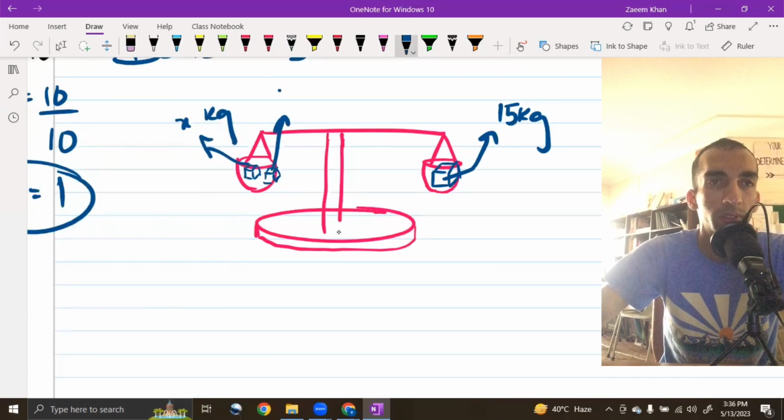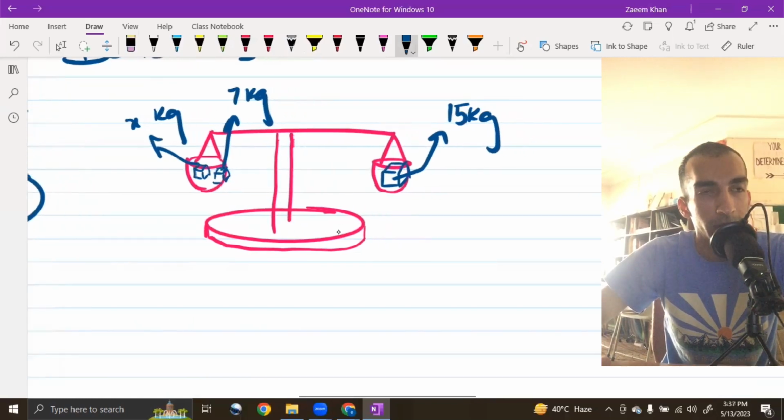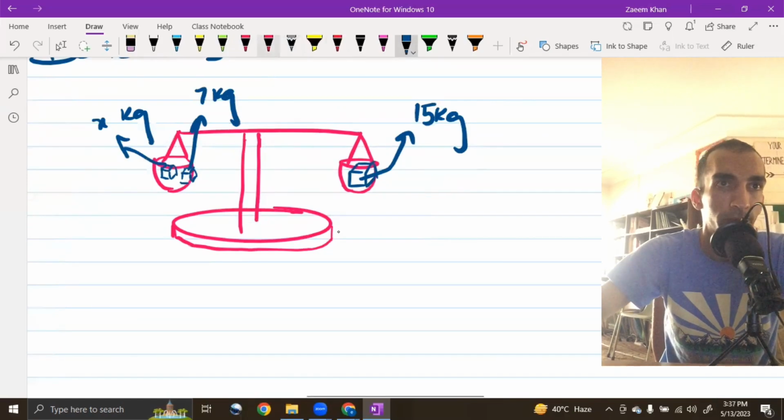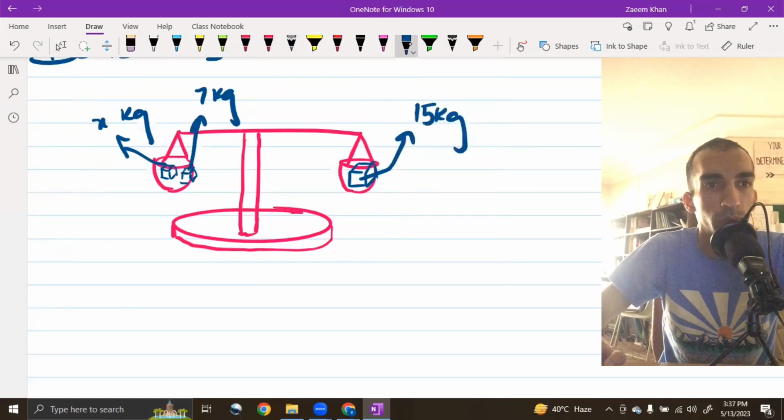And this one is 7 kilograms. What must that X kilograms weigh for it to balance out? 8. Perfect, 8 kilograms. Now, how did you do that?